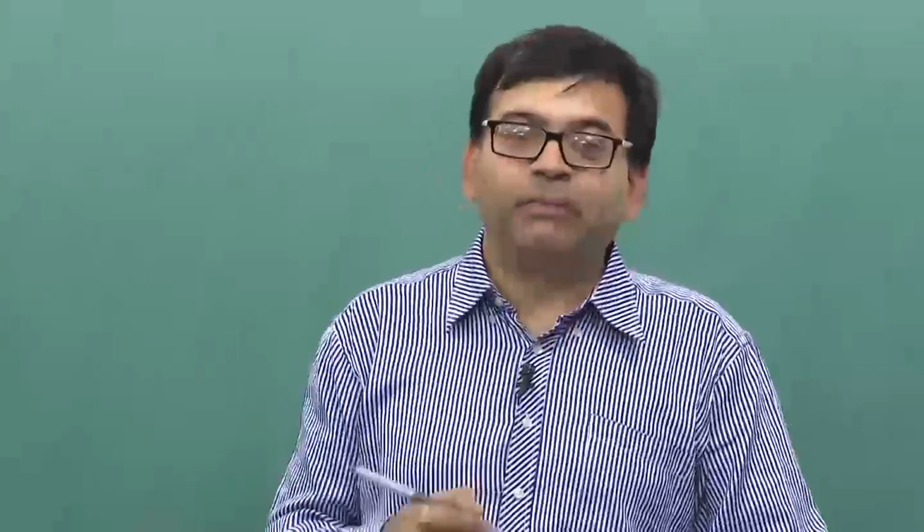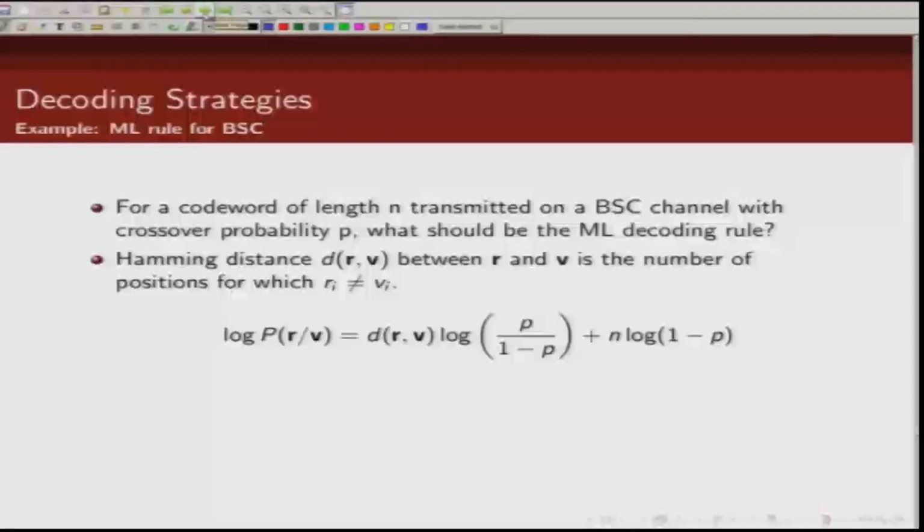So, how do I solve it? As we just saw in the previous slide, for a maximum likelihood decoder, we have to maximize the probability of R given V, which is equivalent to maximizing the log of the probability of R given V. So, let us try to compute the log of probability of R given V. Before I calculate it, let me introduce another term, which is called Hamming distance.